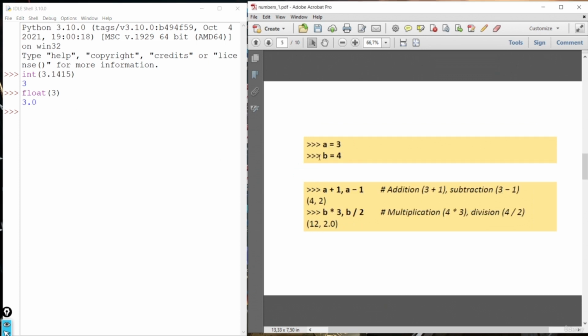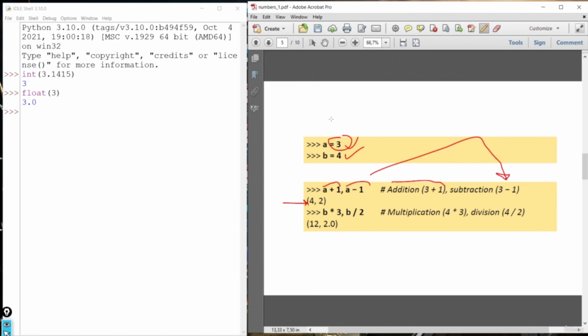Okay. Now I define two variables here, a equated to 3, b equated to 4, and we can perform arithmetic operations easily. a plus 1 is addition of 3 to 1, a is 3, a minus 1 is the subtraction that corresponds to 3 minus 1, and the result is, as you can easily guess, 4, 2.